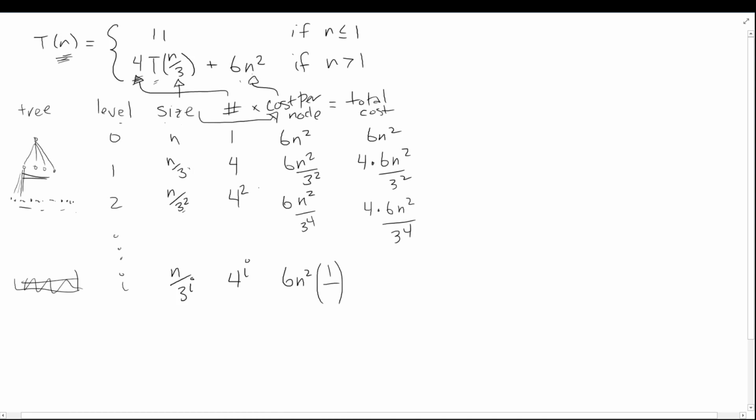This is over something to the 1, but it's 3 to the 2. So it's actually 3 squared, so I'm going to write that as 9 for now. I don't know if that's going to be helpful for me. Maybe I should have left it as 3 squared, but I'm going to write it as 9 for now, because it allows me to see that really I'm raising this thing to the i.